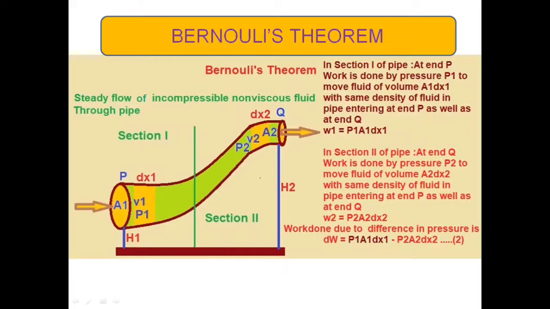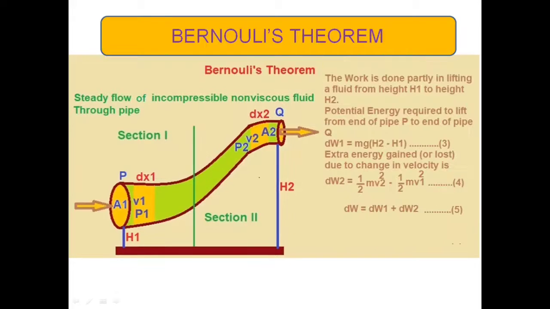At end Q, work is done by pressure P2 to move fluid of volume A2 dx2, with the same density of fluid in the pipe entering at end P and leaving from end Q. Work done W2 is equal to P2 A2 dx2. Work done due to the difference in pressure is dW is equal to P1 A1 dx1 minus P2 A2 dx2.